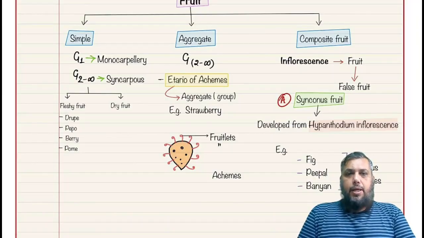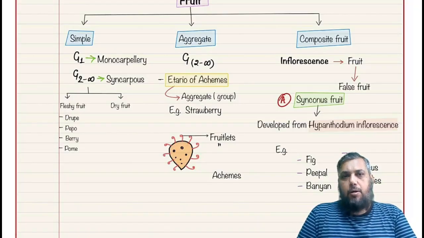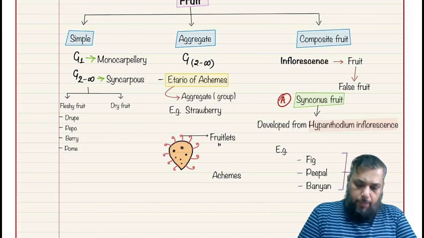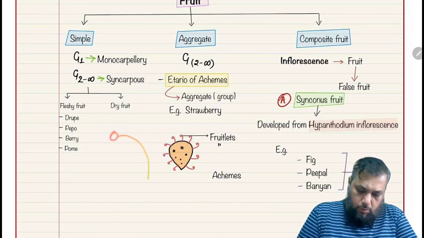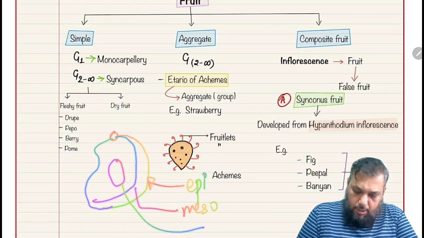Now, if the fruit is having a fleshy pericarp, then it is called as a fleshy fruit, or else it is called as a dry fruit. So in a typical fruit, you have a seed, and the fruit wall has three layers: epicarp, the middle one, mesocarp, and the innermost one, that is the endocarp.